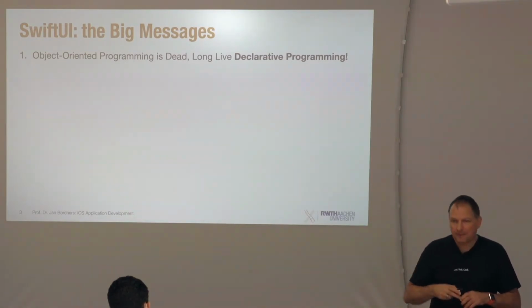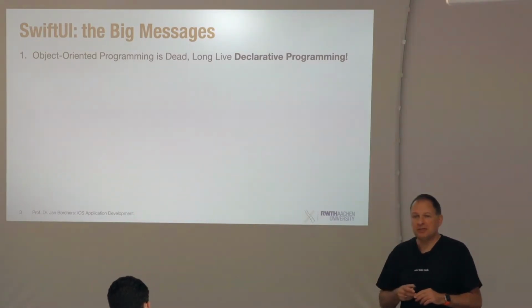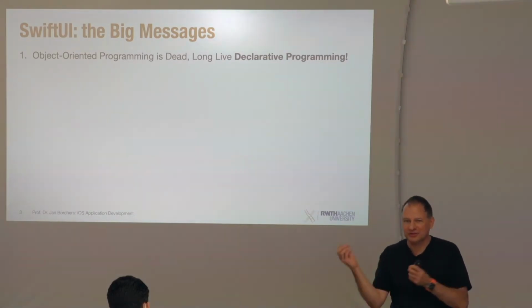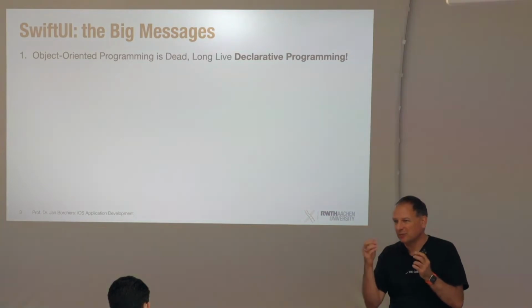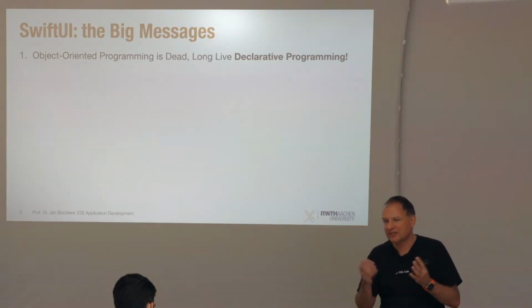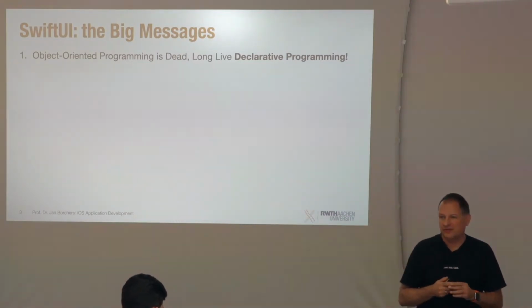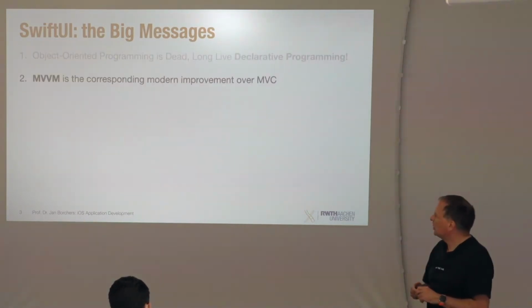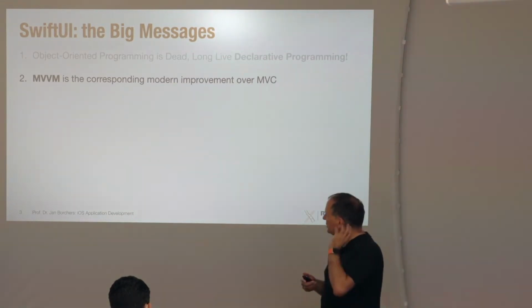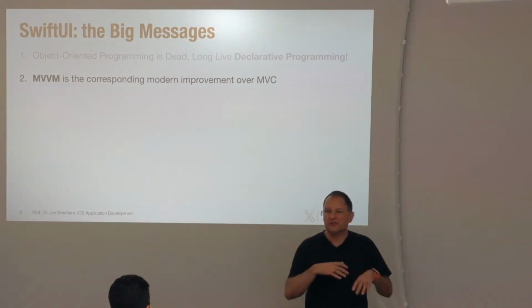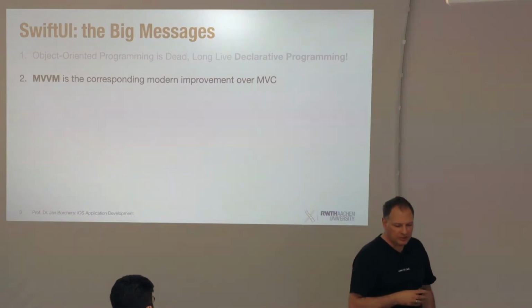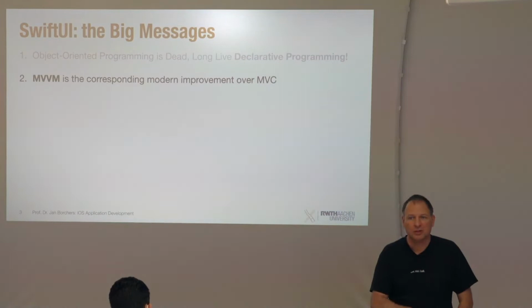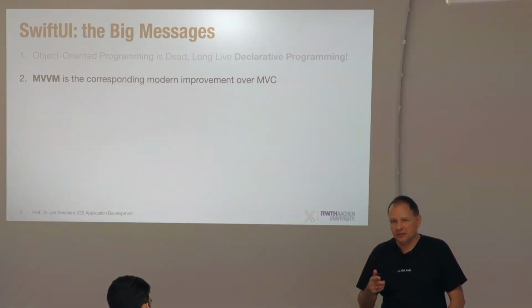So that sounds really nice, but that means that if you want to do that, you have to write a lot of code, right? Because you need to constantly have something in place that keeps your model in sync with your view. Otherwise, we haven't gained anything. And that's where MVVM comes in, which is a paradigm that I'll talk about probably tomorrow in a little more detail, which is the corresponding variation of the MVC paradigm that actually makes that possible. MVVM stands for model, view, and view model.